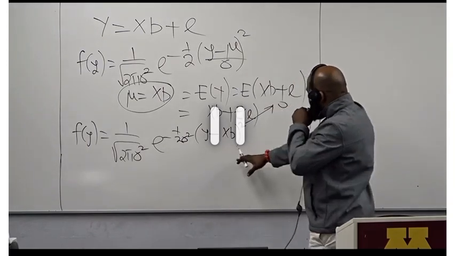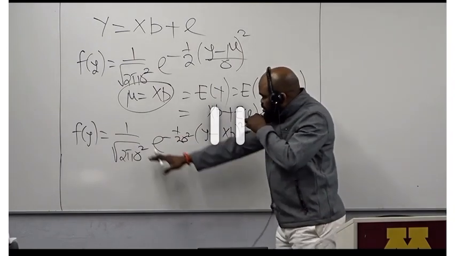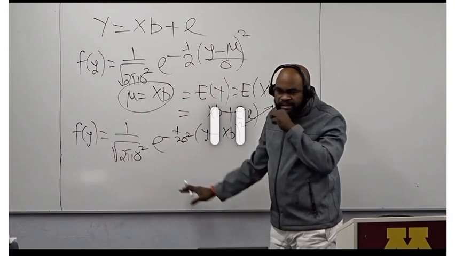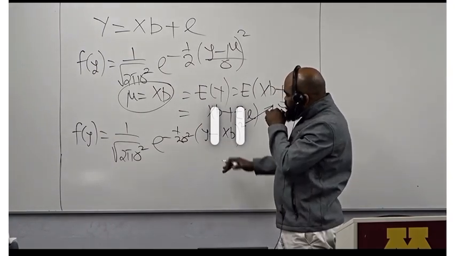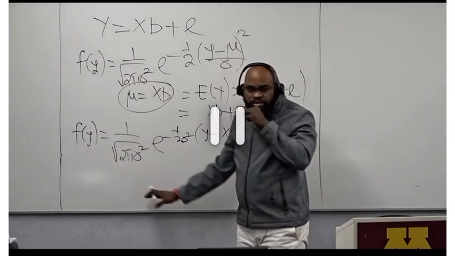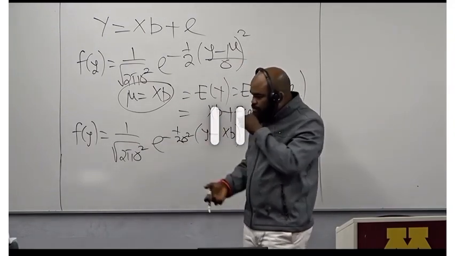Now, I want to rewrite this in matrix form, and not only that, I want to find the likelihood of this, because this is the PDF. I want to find the joint PDF.